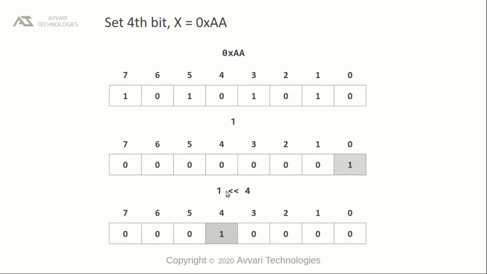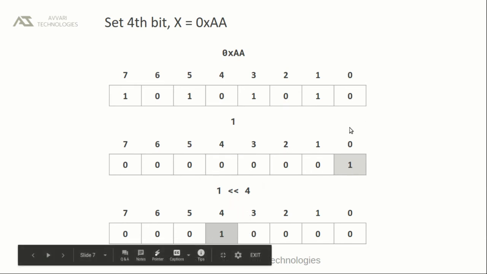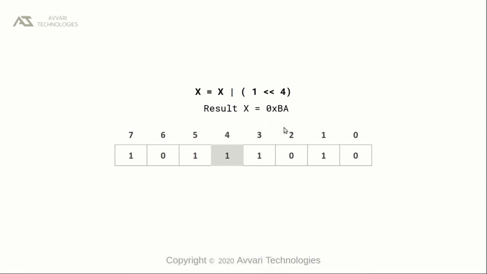Then we will take one more number and we will left shift 1 to the given position. In this case, we are taking 1 and we are left shifting till the 1 goes to the 4th bit. Finally, we will perform a bitwise OR operation to set the given bit.